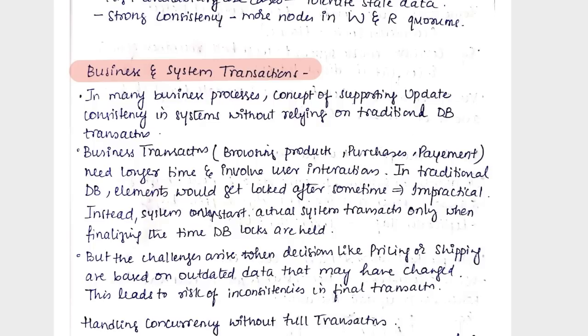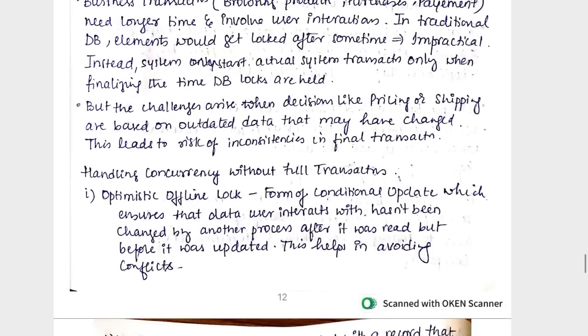That is because users can take large breaks, right, when they leave the computer to fetch the credit card or wait for the OTP on their mobile. So all such conditions can happen, right? During which the database system will have to maintain the logs and state consistency, which can again be impractical or inefficient. So in order to handle these, we make use of handling concurrency with full transactions.